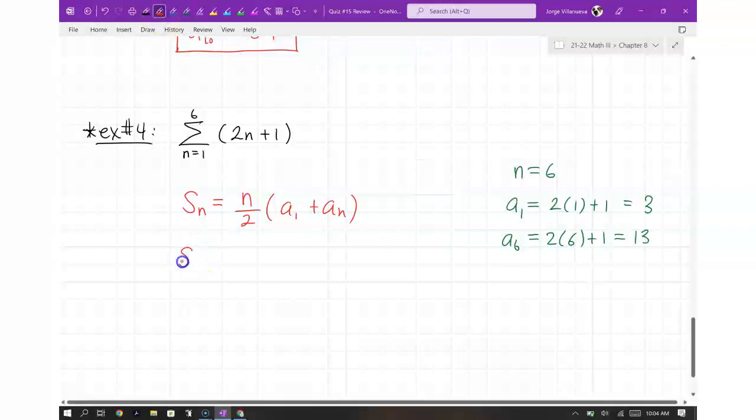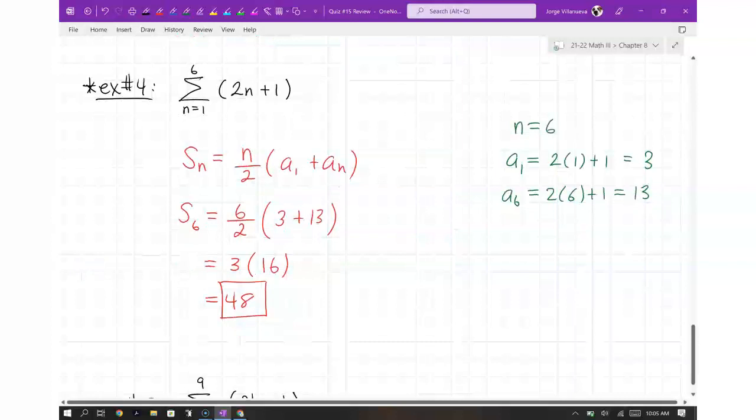Okay, so S sub 6 is 6 over 2 times 3 plus 13. 6 divided by 2 is 3. And this is 16. And 3 times 16 is 48. So here's your answer. The sum is 48.